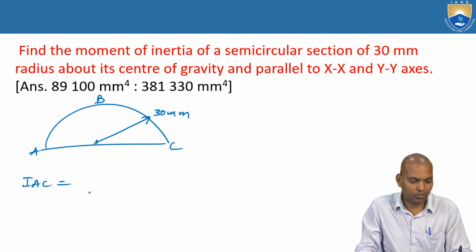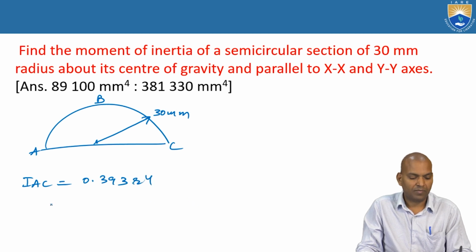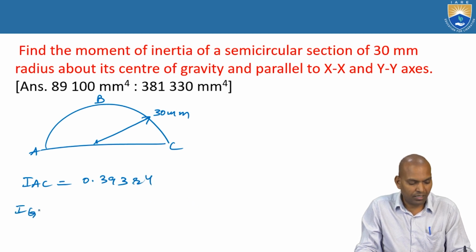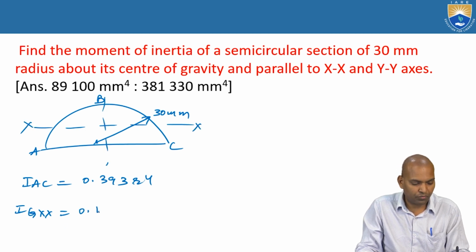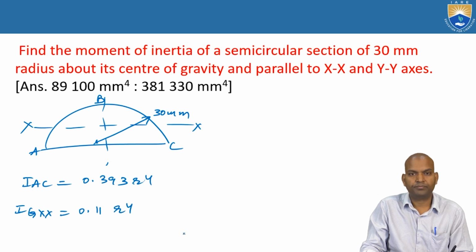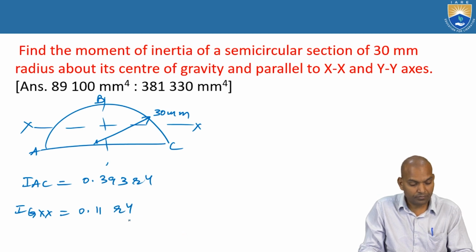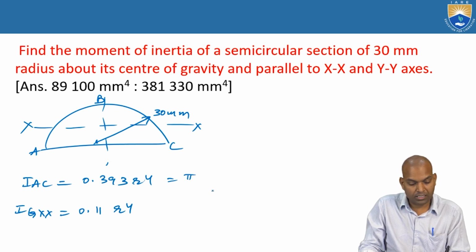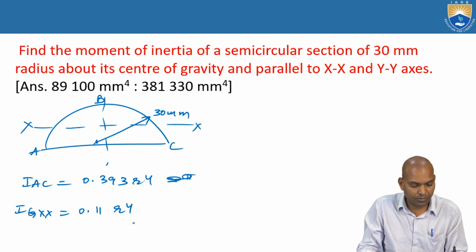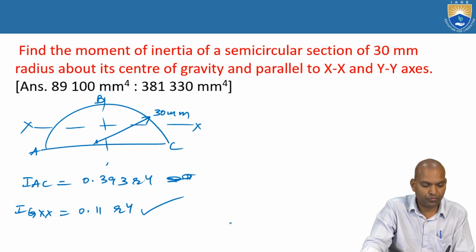This IAC equals 0.393 R power 4. Now IG parallel to the XX axis is equal to 0.11 R power 4. That is IGXX, which is 0.11 R power 4.